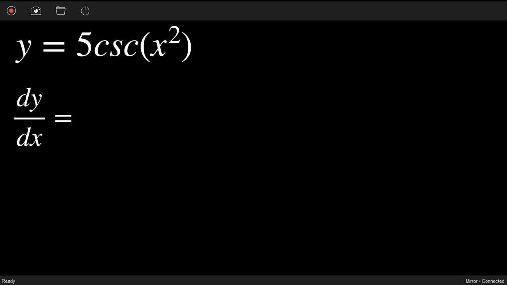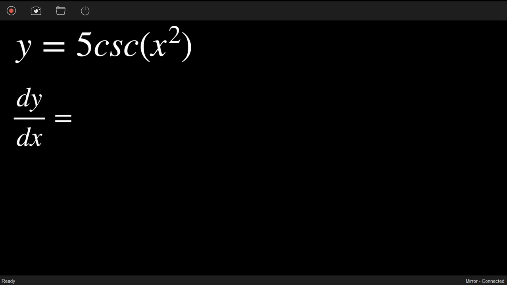All right, so let's take a look at the next problem. This time it's not cosecant that's being raised to the second power. It's just this x that is being raised to the second power. So again, we will have chain rule here, but it's going to be applied to the x squared, not to the cosecant.